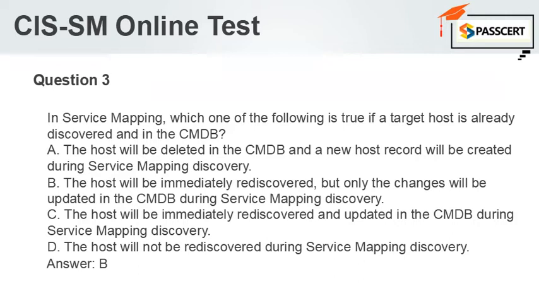B. The host will be immediately rediscovered, but only the changes will be updated in the CMDB during service mapping discovery. C. The host will be immediately rediscovered and updated in the CMDB during service mapping discovery. D. The host will not be rediscovered during service mapping discovery. Answer: B.